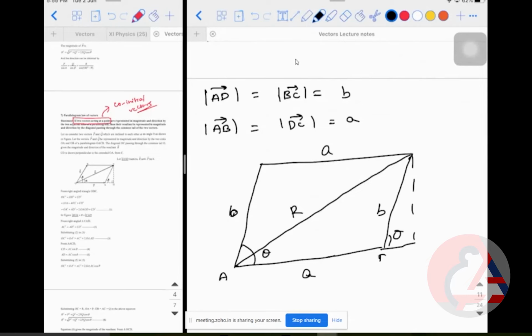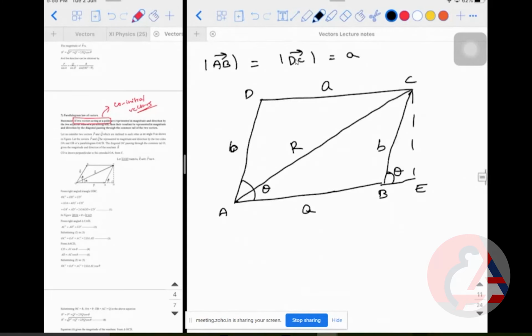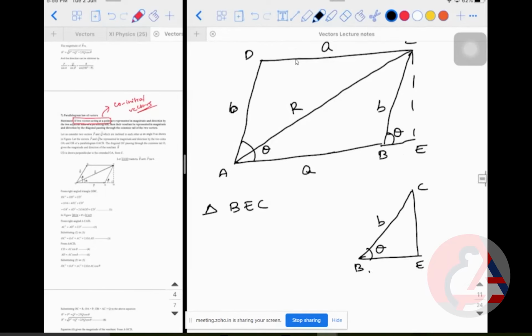I took the points as A, B, C, D, E. If I consider the triangle BEC, I am taking a separate diagram of BEC for you to understand better. If this side is B, and I take this side to be X and this side to be Y, what is X divided by B equal to? Anybody?